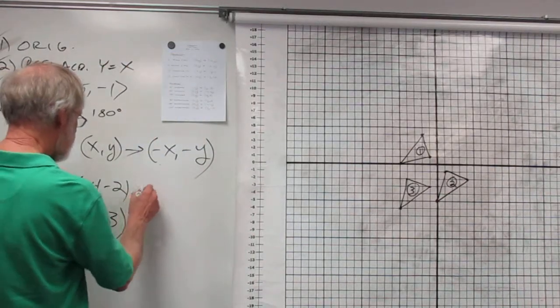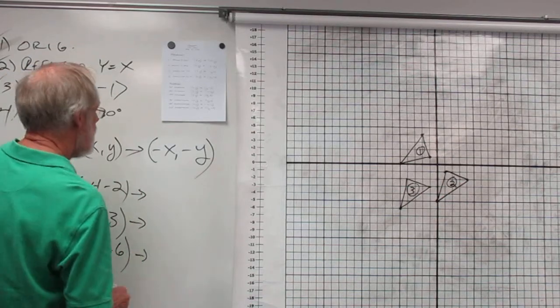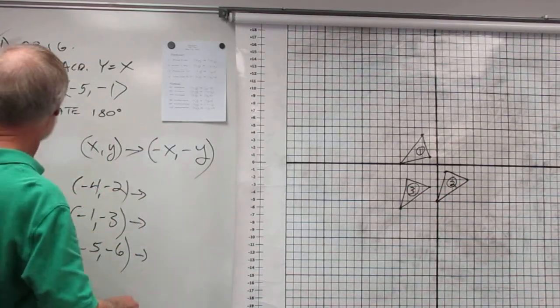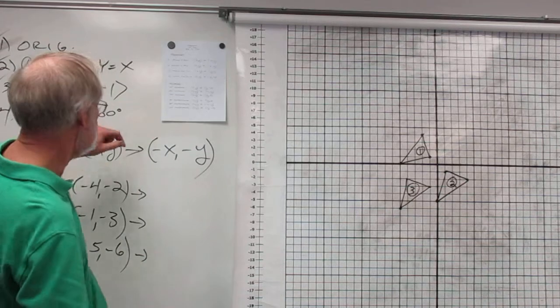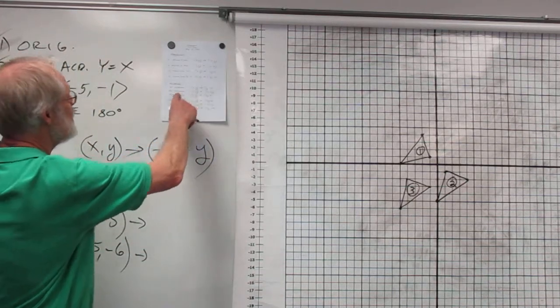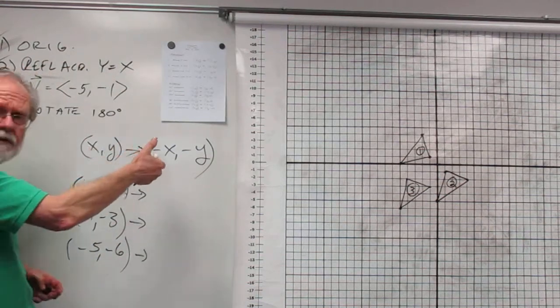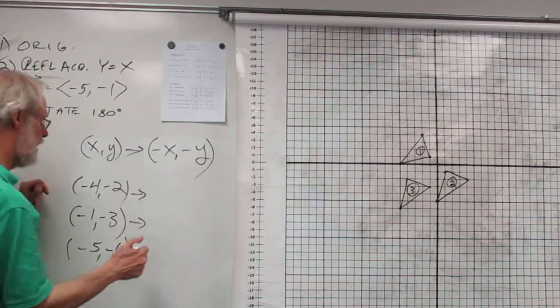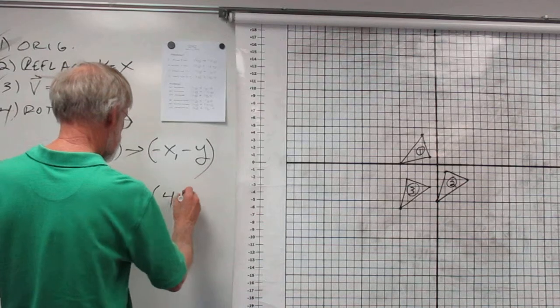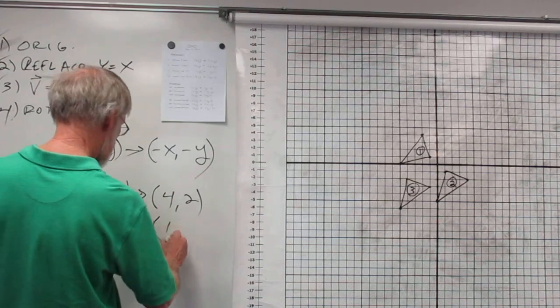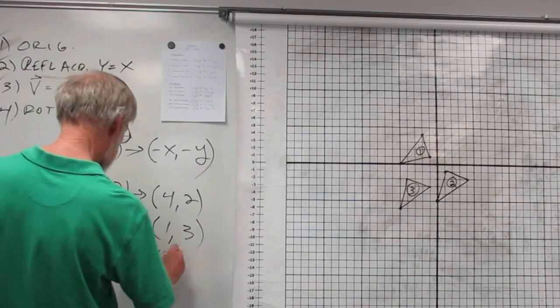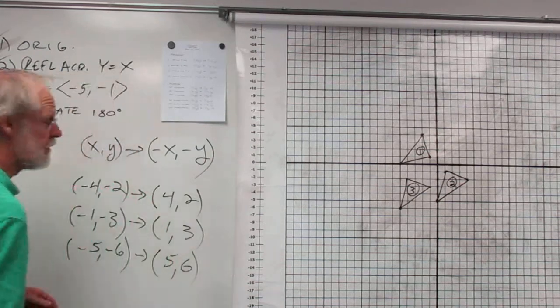All right, now those are the points that I have to move according to the rotation 180 degrees, which is up here, (x, y) becomes (-x, -y). So I don't switch positions, but I do change all the signs. So this one becomes 4, 2, this one becomes 1, 3, and this one becomes 5, 6, all right?